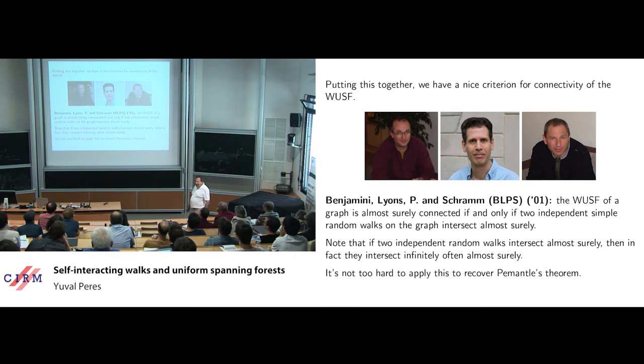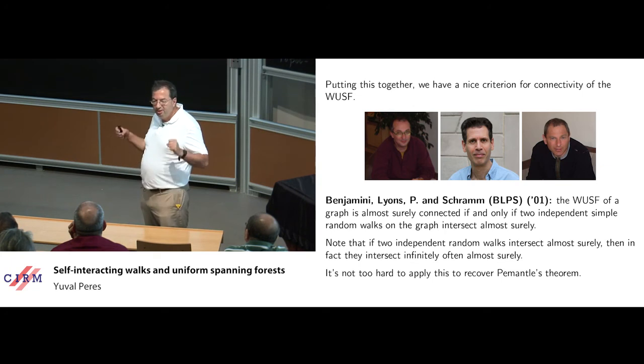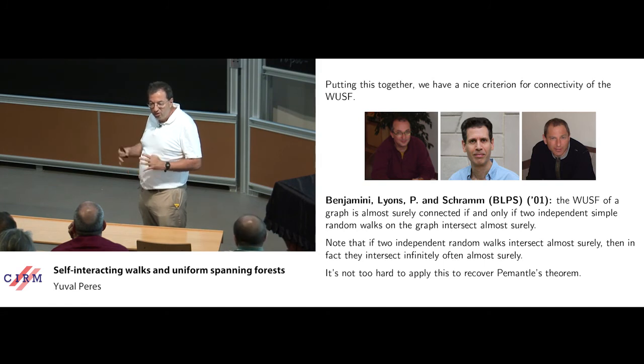If you take any infinite graph, the wired uniform spanning forest is connected if and only if two independent simple random walks on the graph intersect almost surely. So you don't have to analyze loop-erased walks. It's enough to analyze random walks, and if they intersect, then the uniform spanning forest is a tree.